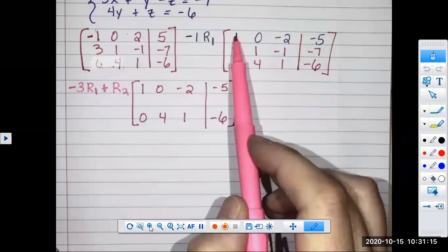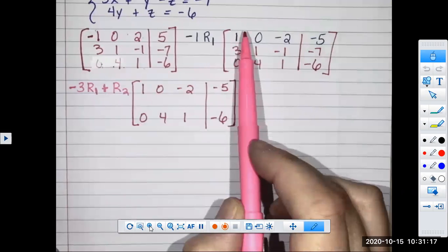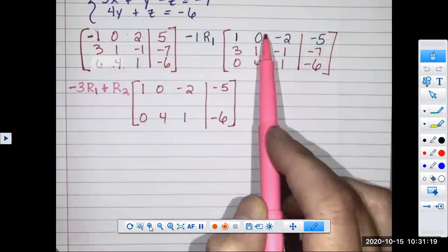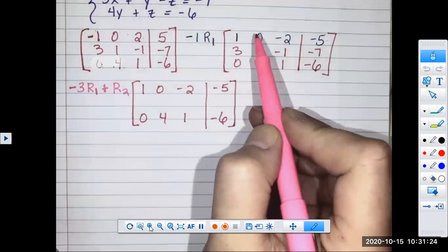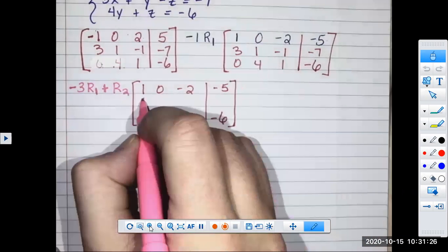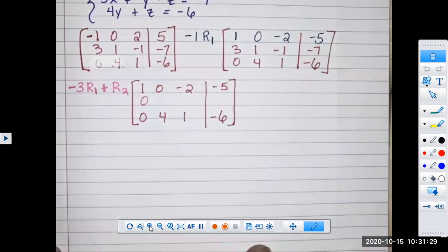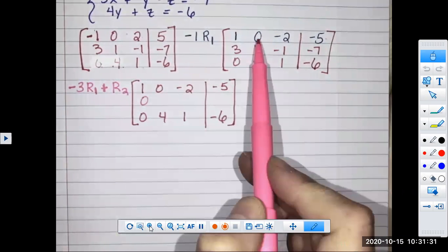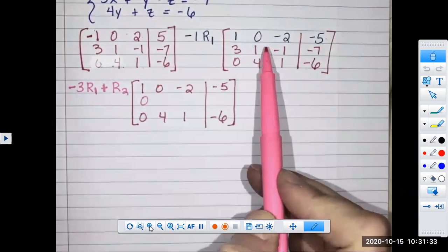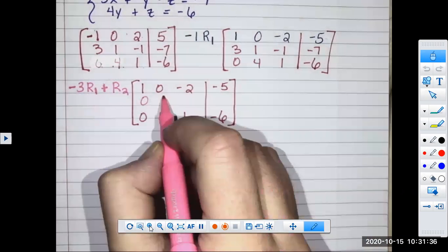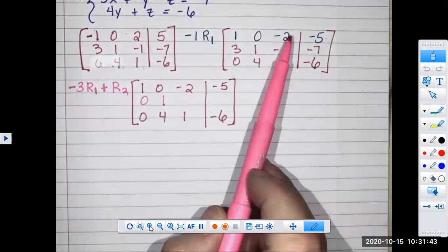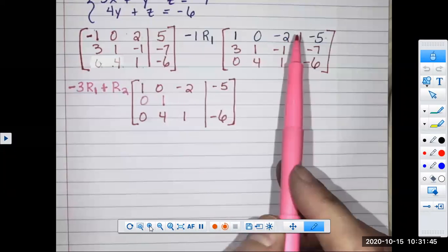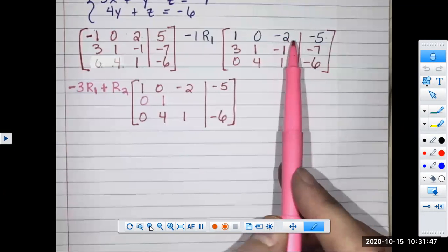So we're going to multiply every one of these numbers by negative 3 and add it to the second row. So 1 times negative 3 is going to give us negative 3 plus 3 is 0. 0 times negative 3, of course, is 0 plus 1. And then negative 2 times negative 3 is 6 plus negative 1 is 5.